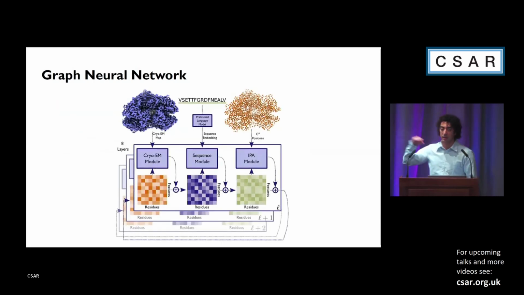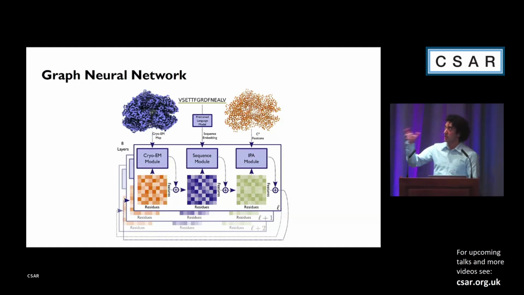The way we do that in ModelAngelo, which is the program I wrote to do this, is we have a basically three-module graph neural network. This is a neural network that operates on a graph, because the proteins are represented as a graph. You have different modules that are specialized for each of their inputs. They extract information from that input and then put it into a shared library of information.